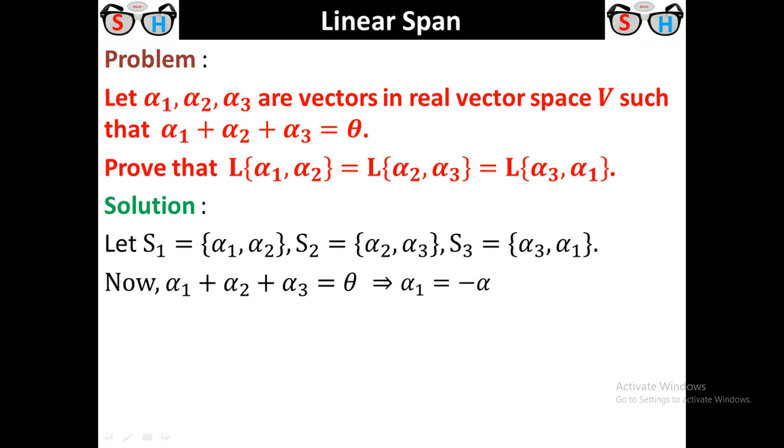This implies that alpha 1 equals minus alpha 2 minus alpha 3. Thus I take alpha 2, alpha 3 to the right hand side. So here you see that alpha 1 is equal to something alpha 2 plus something alpha 3. That is, alpha 1 is a linear combination of the elements of alpha 2, alpha 3. That is, alpha 1 is an element in L of S2.